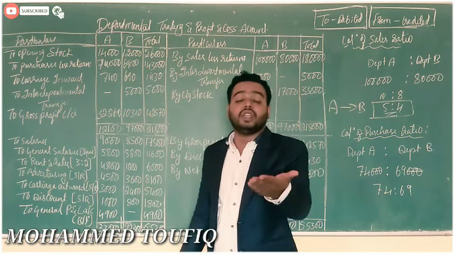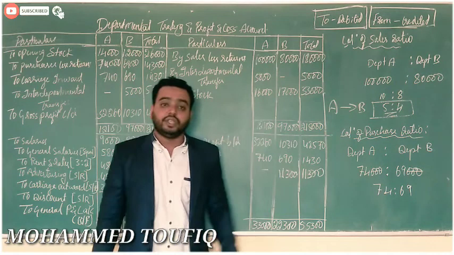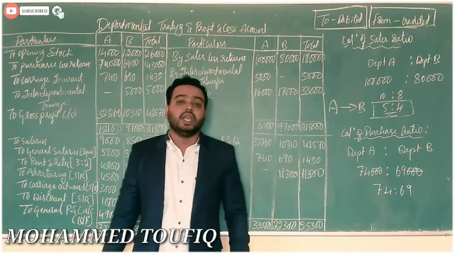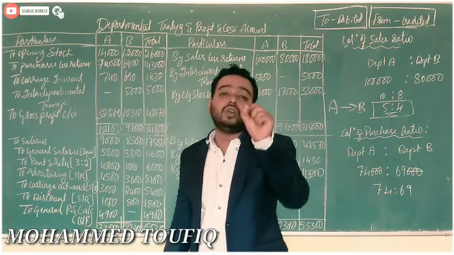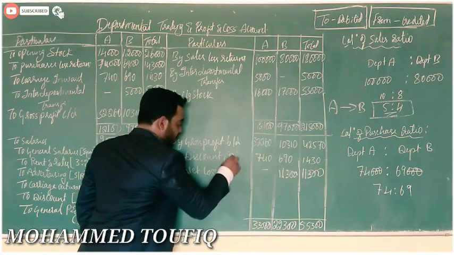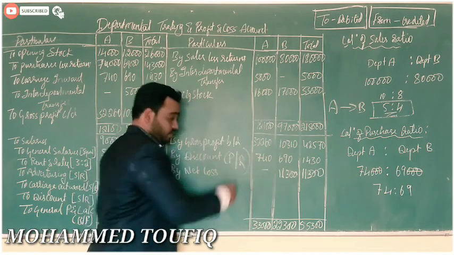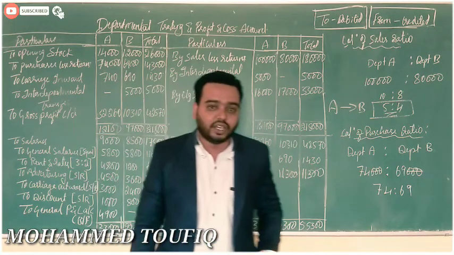Next, see if you have any direct or indirect incomes. Then you will identify one income there, that is discount earned, which is nothing but discount received. So discount received should be distributed on the basis of purchase ratio. You are receiving a discount only when you are purchasing something, right?